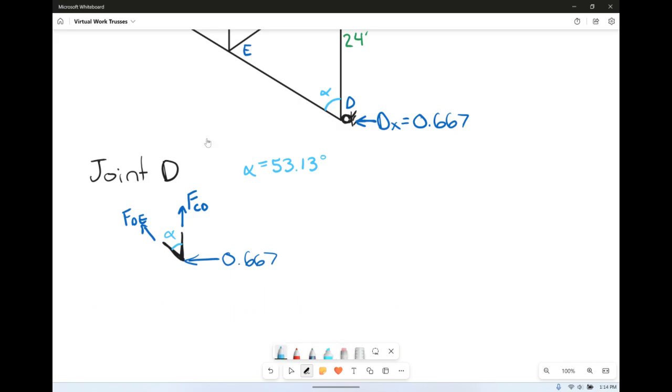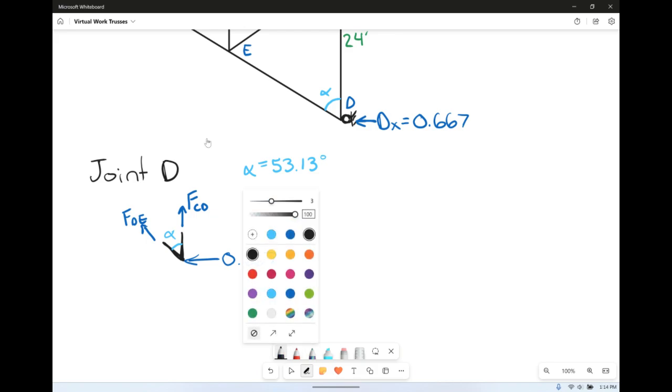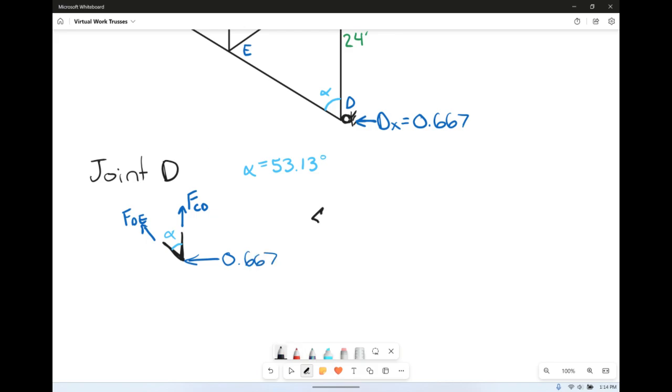Alrighty. Now that we have that, let's start solving for some forces. We can sum the forces in the x direction and set it equal to 0. We've got negative 0.667, and we have negative force DE. And since he is touching alpha there with the vertical, this is going to be sine of alpha.